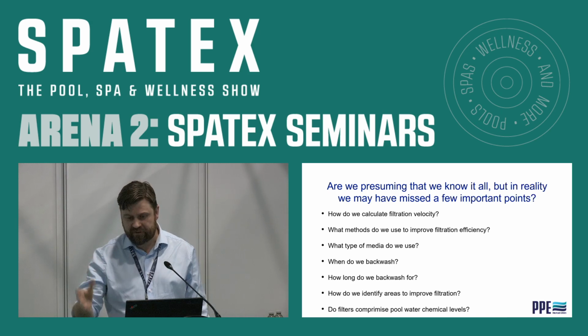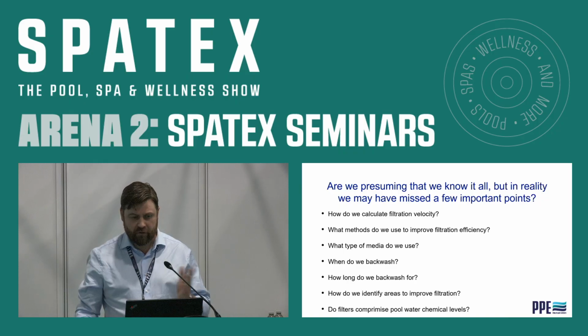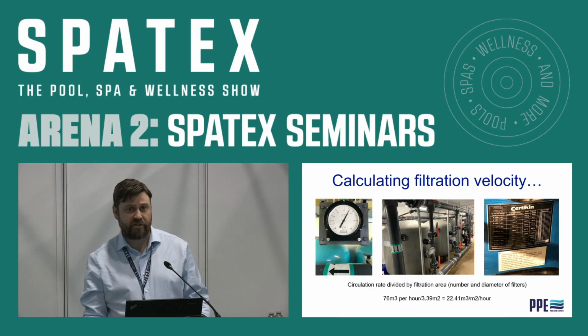So it's not just a simple thing of straining out the pollution, there's a lot more to it than that. So let's start off with the basic maths, calculating filtration velocity.